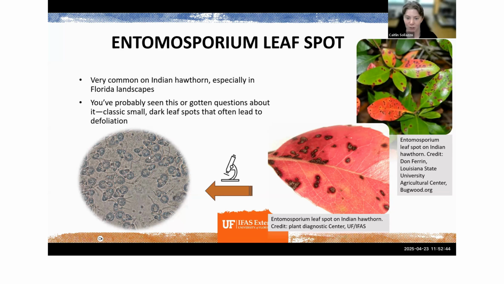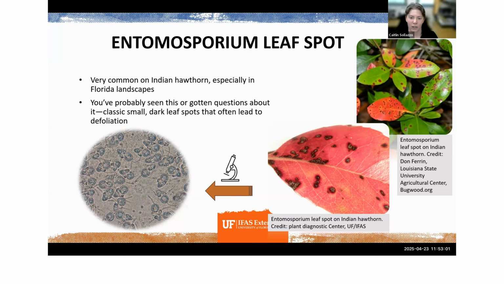They have a circular part, and then they have a little globe thing attached to them. And then they have this little hair-like thing, which doesn't move, so it's not like a flagella or something. It's just interesting spores, so I thought I'd point that out. You'll see Entomosporium a lot on Indian hawthorn, and then pretty much nothing else.